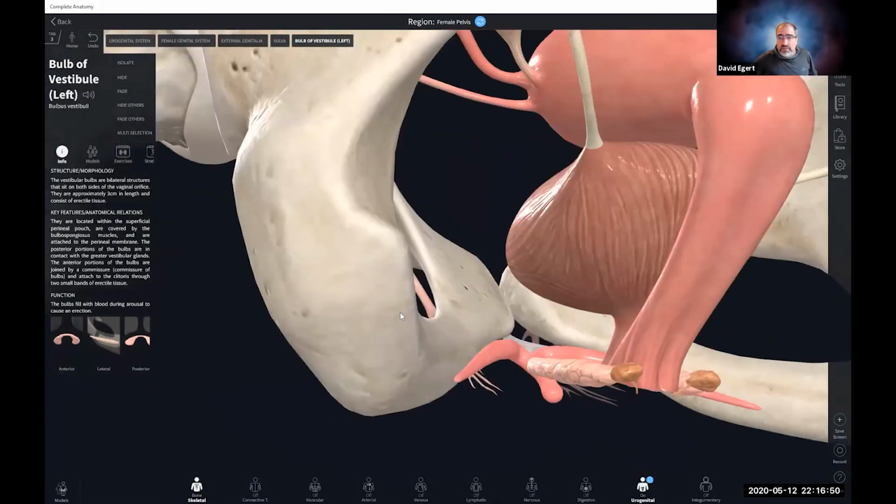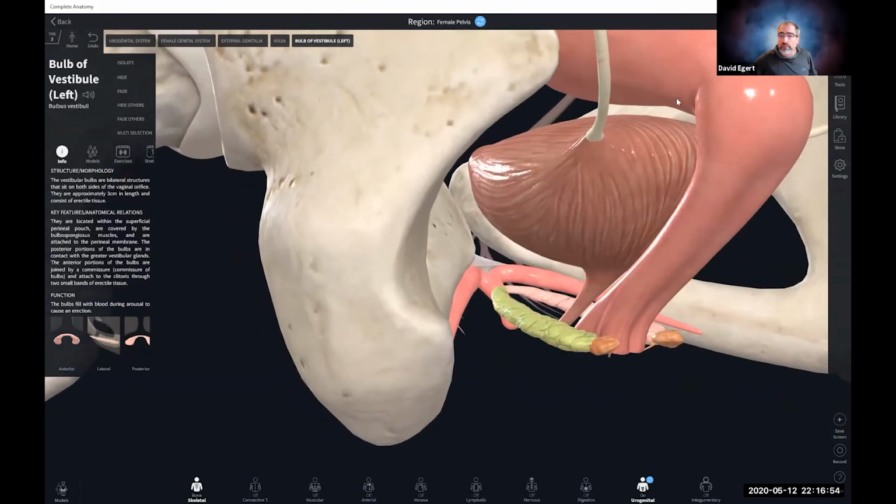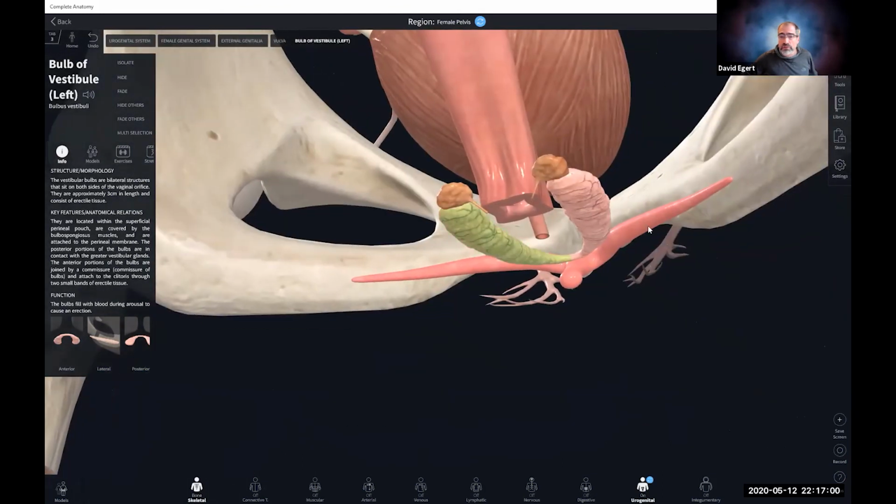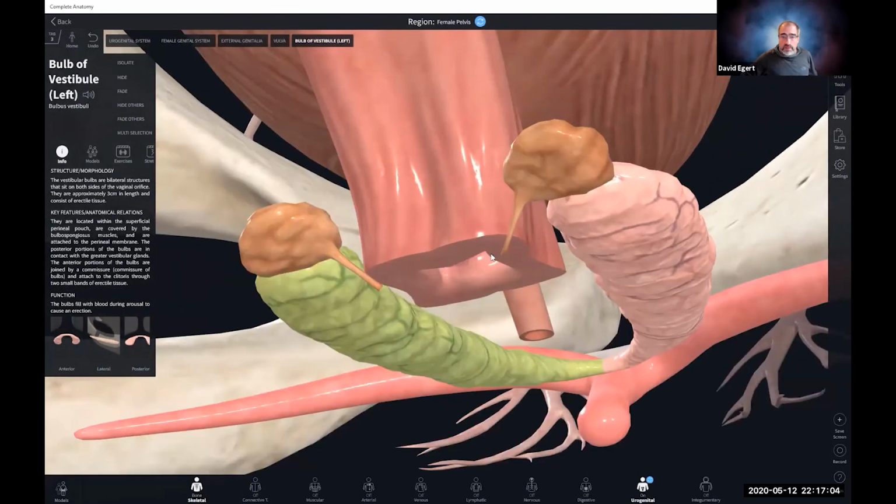So like this is supposed to be the vaginal canal leading up into the uterus. And here you can see these two little glands, these little Bartholin glands, secreting right into the entrance of the vaginal canal.